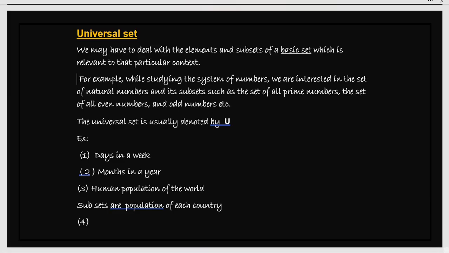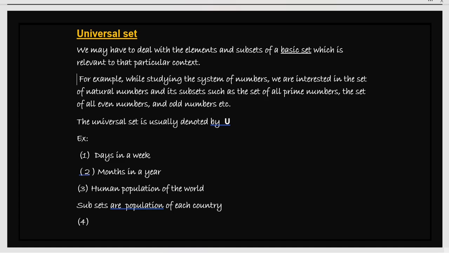Now we'll come to the last topic of this introduction part of 1.3. That is the universal set. What is a universal set? We may have to consider elements or subsets of a basic set which is relevant to that particular context.